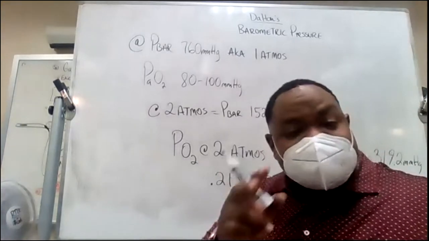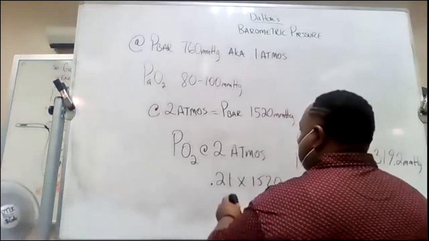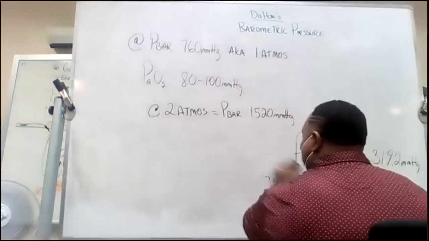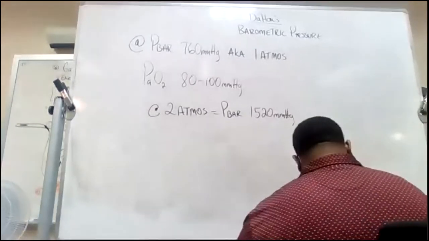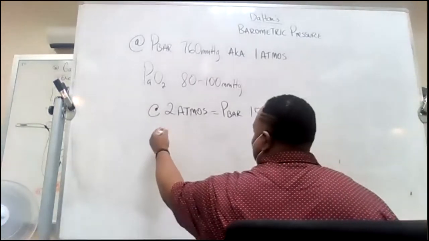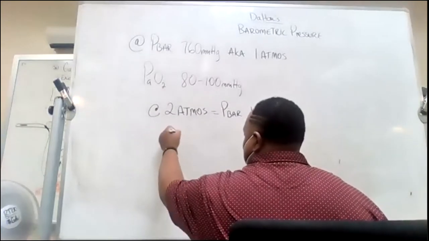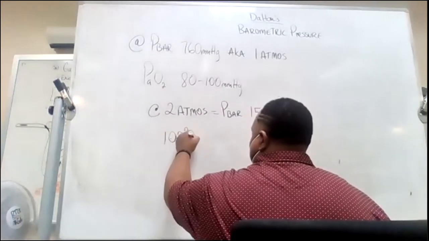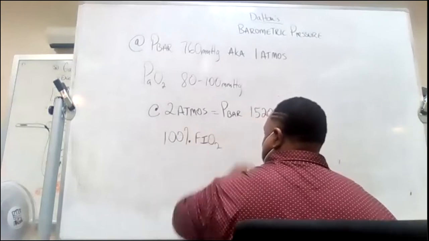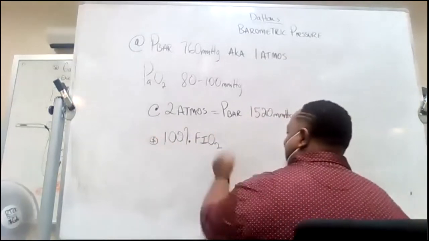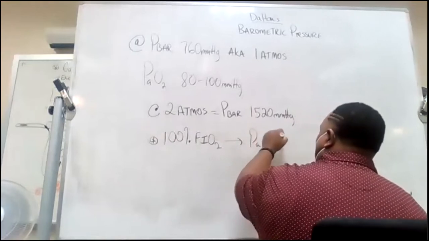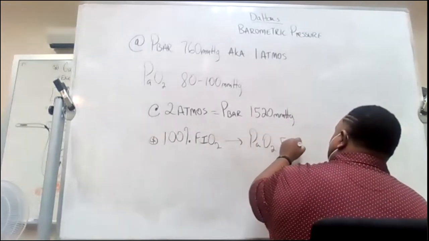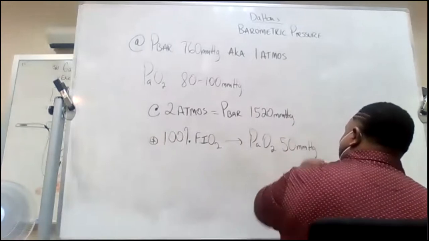So if I want to know specifically for Mr. Smith, say we have Mr. Smith on 100% FiO2, and his PaO2 is only 50 millimeters of mercury.